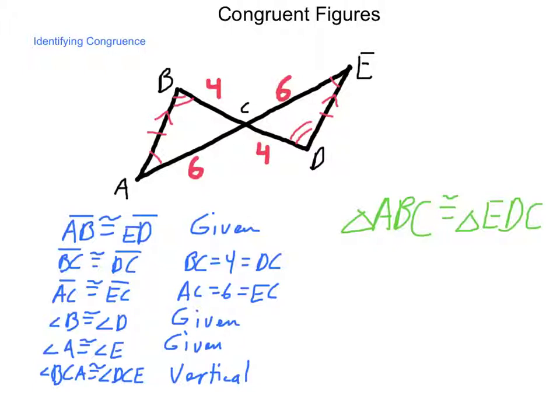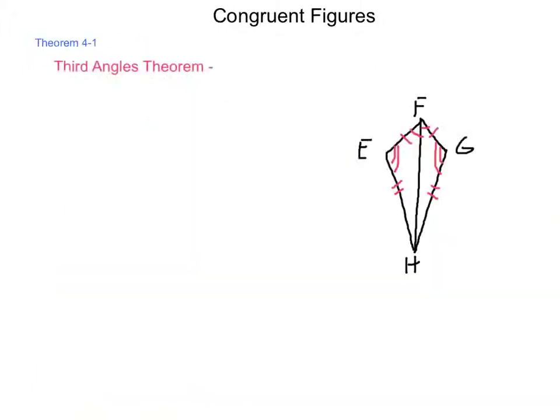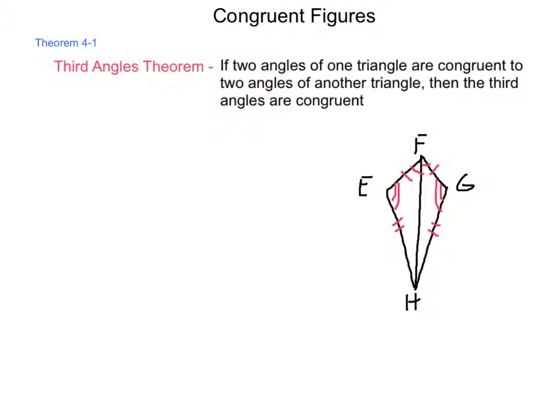With this, and beginning our look at congruence and congruent triangles, we are going to be introduced to our first theorem in this unit, and that is theorem 4.1, the third angles theorem. It states if two angles of one triangle are congruent to two angles of another triangle, then the third angles are congruent.